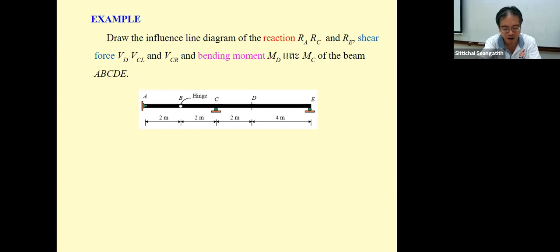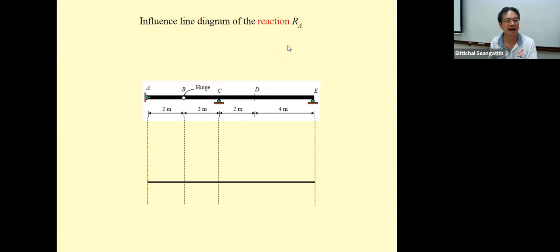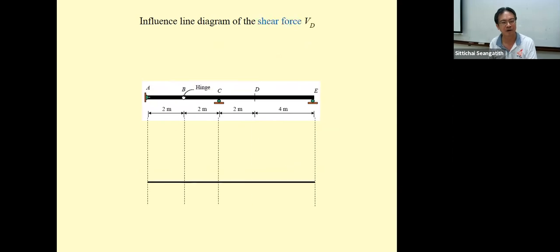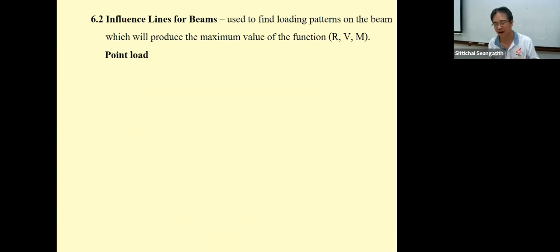I still have one more problem for you. Let me switch back to something else. For this one, you can go through all of this by yourself again. If you cannot understand it, just go to the video clips that I have on the YouTube channel. Okay, that is one interesting example, and just compare it to what I have shown you from the previous example.